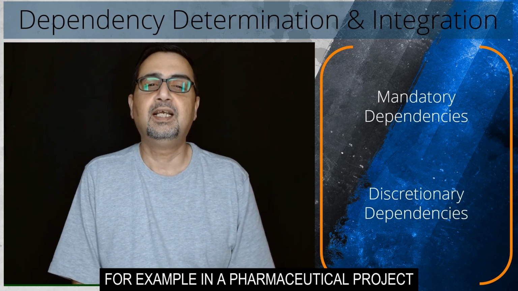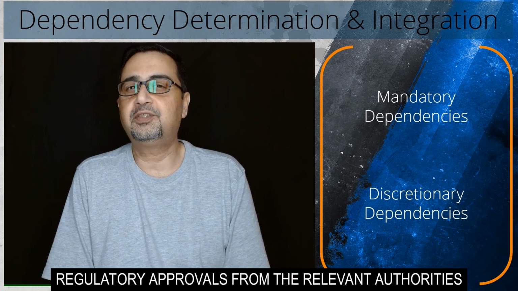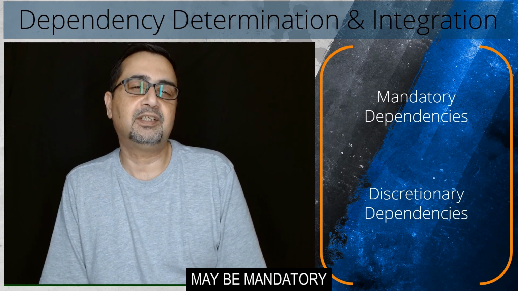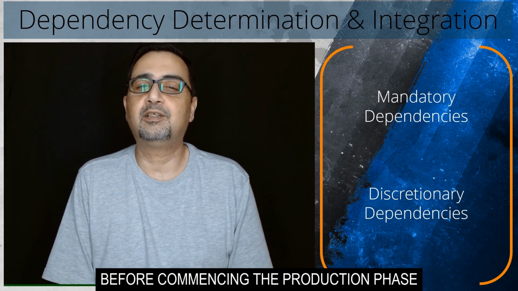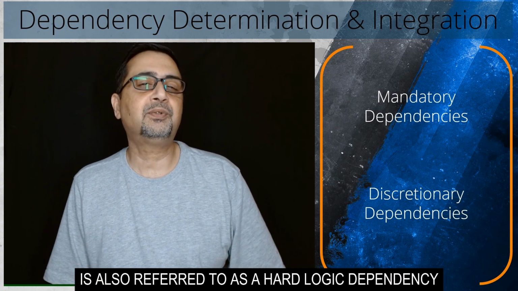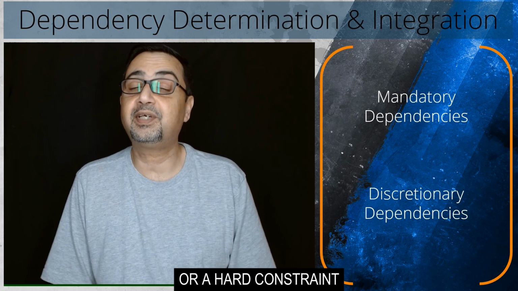For example, in a pharmaceutical project, obtaining regulatory approvals from the relevant authorities may be mandatory before commencing the production phase. Mandatory dependency is also referred to as a hard logic dependency or a hard constraint.